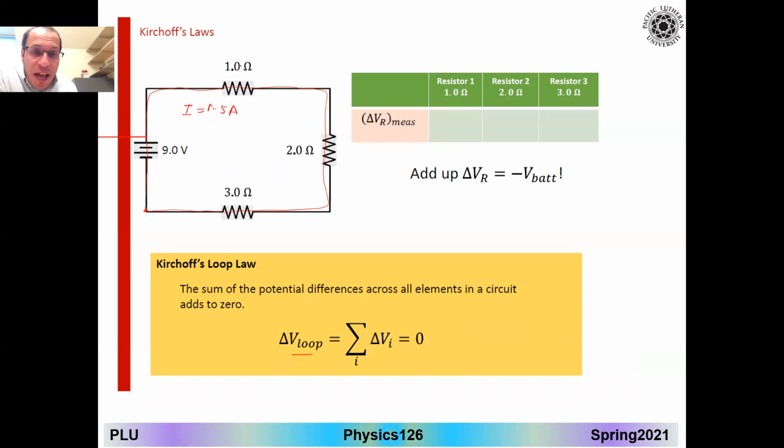So for example, here I have delta V R1. Let's call this one R1. Delta V R1 will be the current I times R1, which is 1 ohm. I have 1.5, so this is 1.5 volts. Delta V R2 is the same thing, I times 2 ohms, and with 1.5 it will be 3.